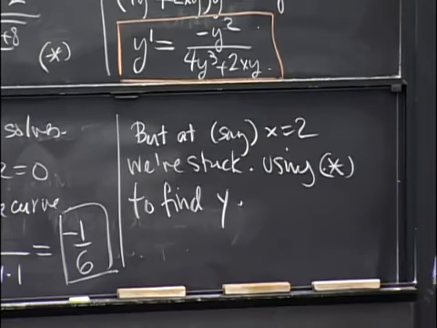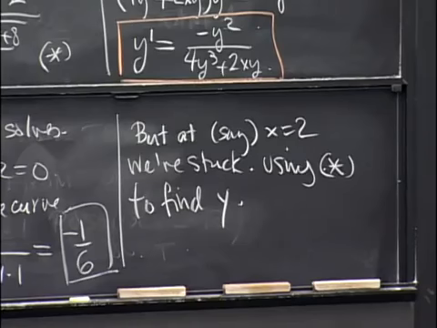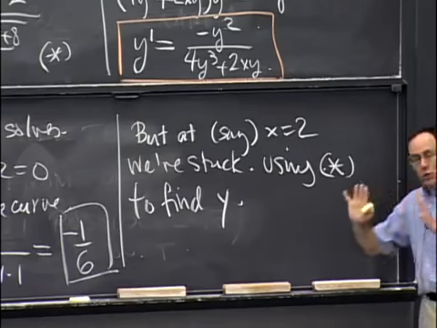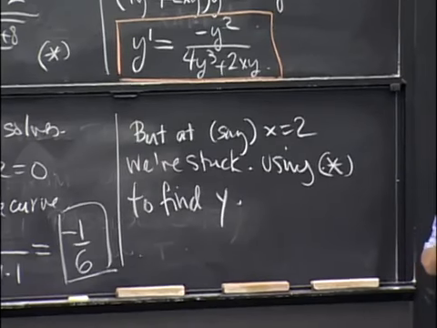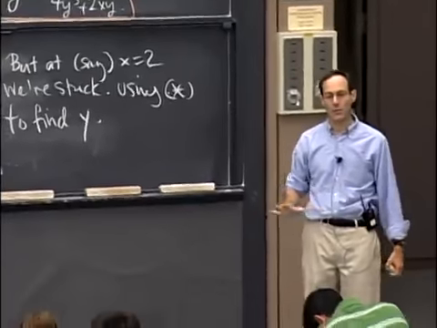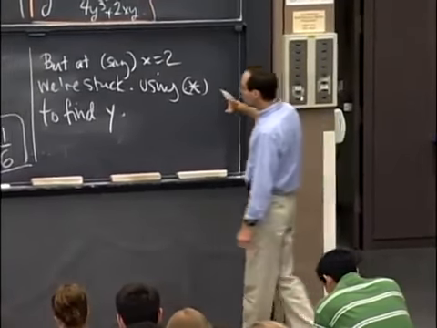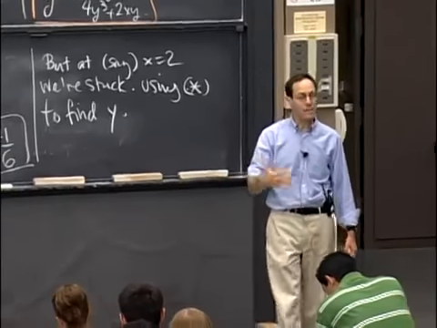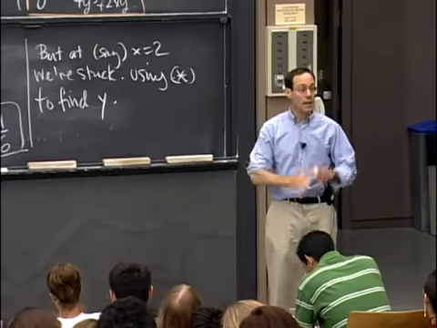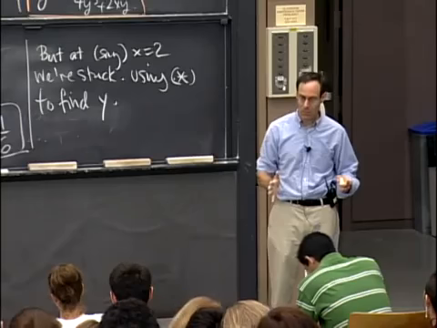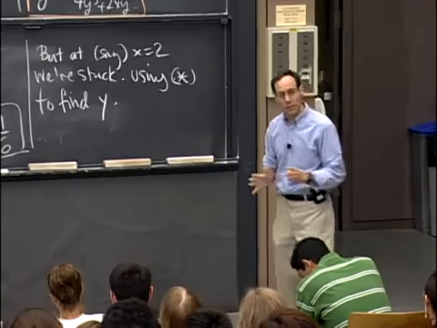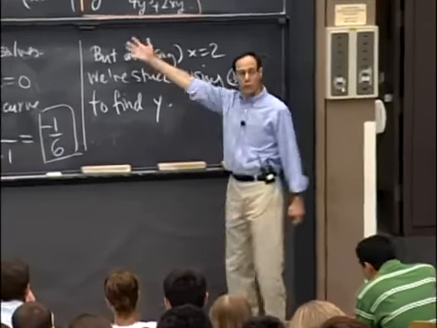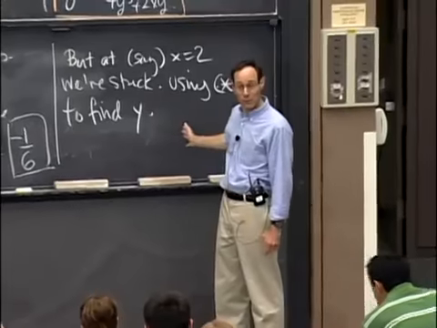Okay? Now, let me just make 2 points about this, which are just philosophical points for you right now. The first is, when I promised you at the beginning of this class that we were going to be able to differentiate any function you know, I meant it very literally. What I meant is, if you know the function, we'll be able to give a formula for the derivative.